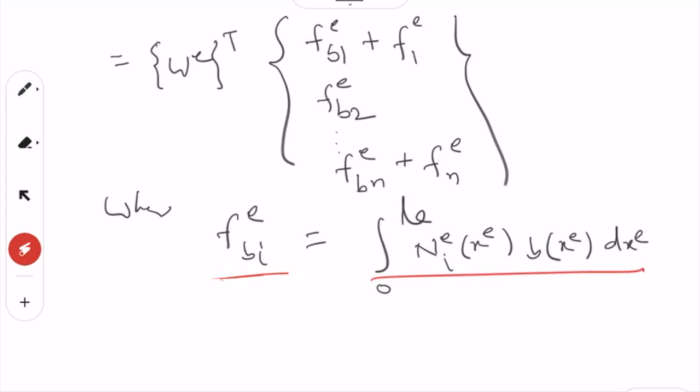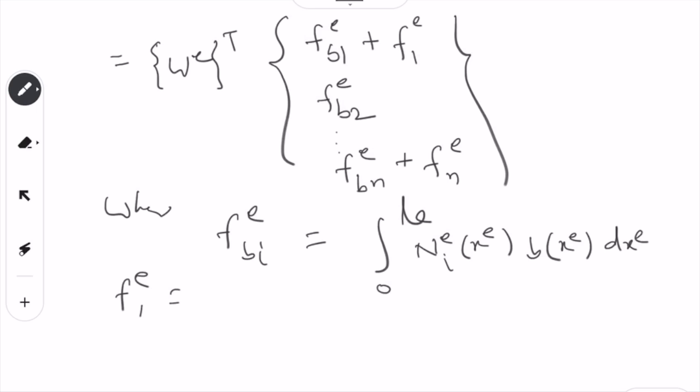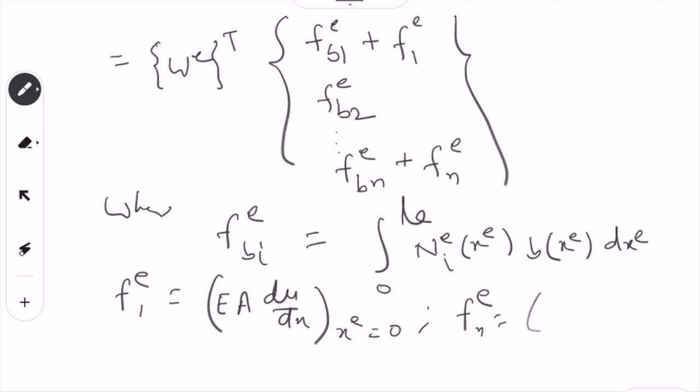Now, this is what this is, and the value F_E1 we know is EA du over dx at x_E equal to 0, and similarly F_EN is equal to EA du over dx at x_E equal to L_E.